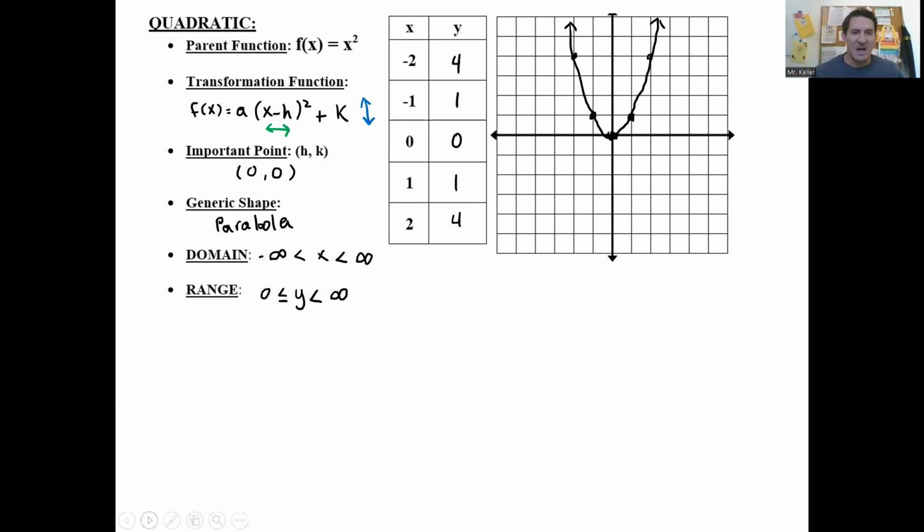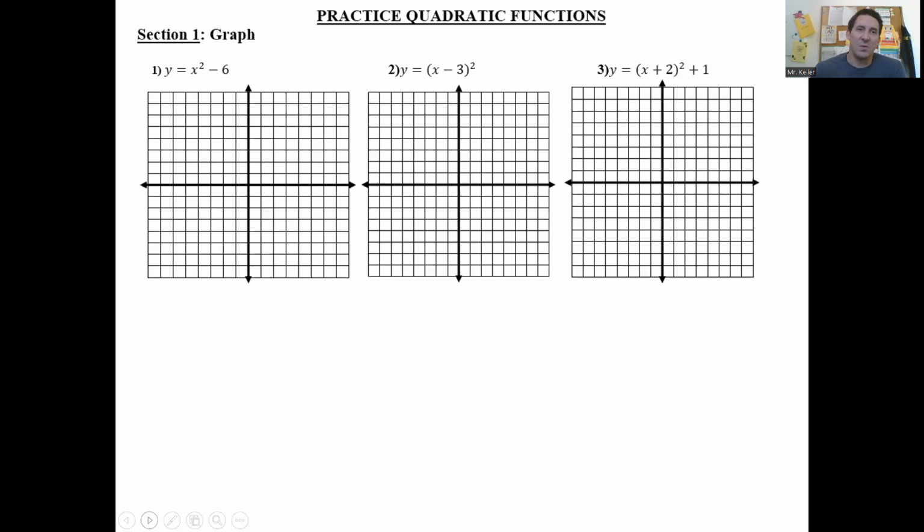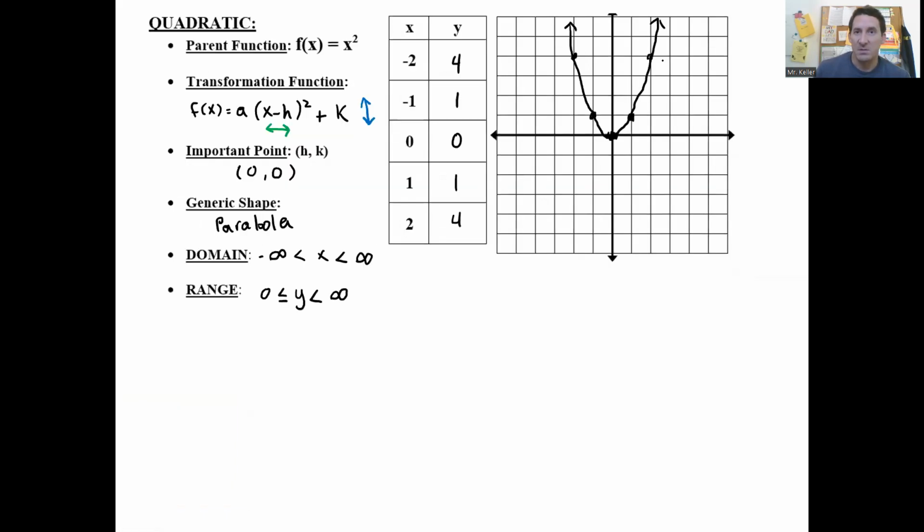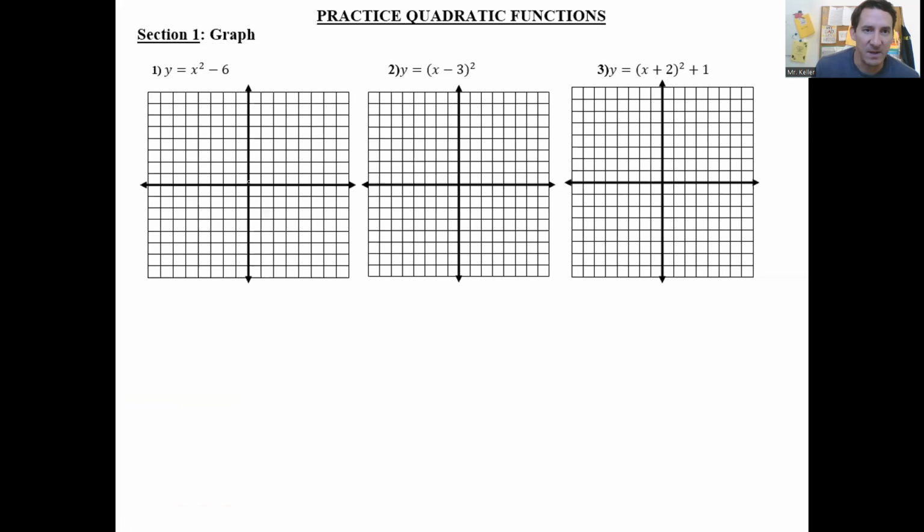And so let's look at some examples of how this is going to work. So we're going to graph. What I'm going to do is take those 5 points that we have here and plot them on all of these. I'm just going to do it on each of these. So 2, 4. I'm going to put where the parent function would be and do my best to connect the dots with dotted lines, because these are just placeholders.